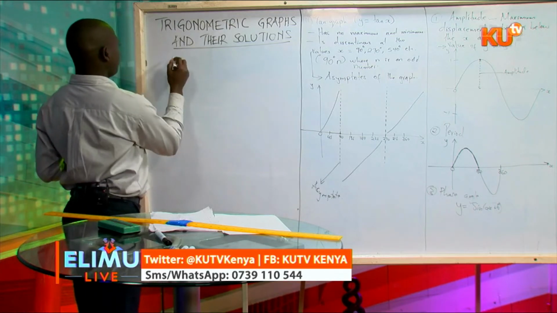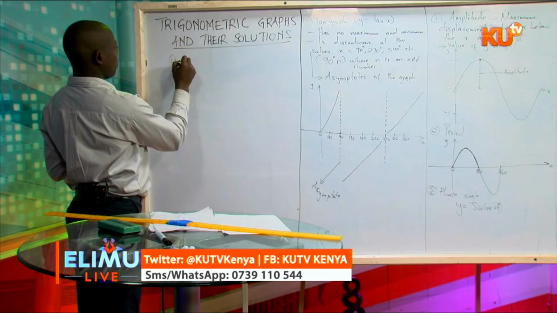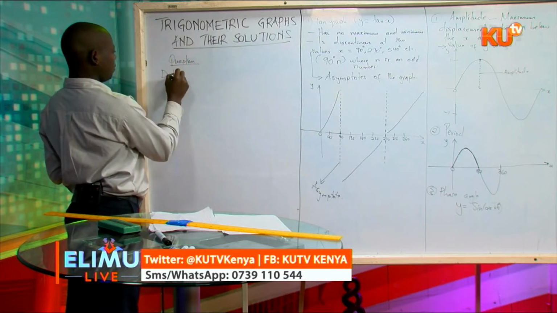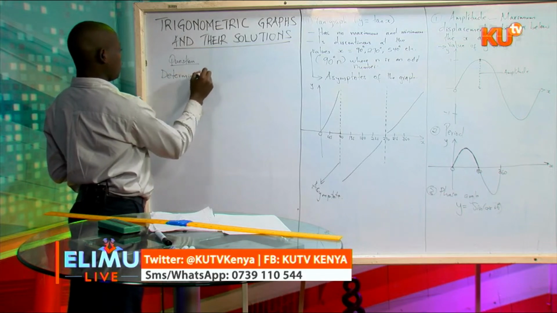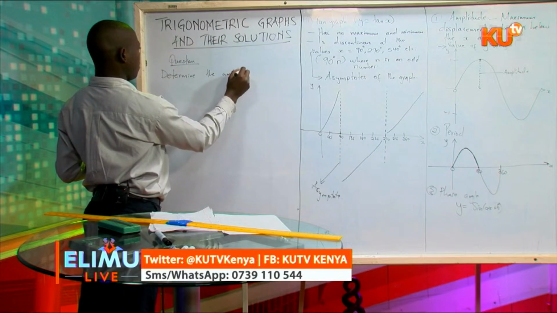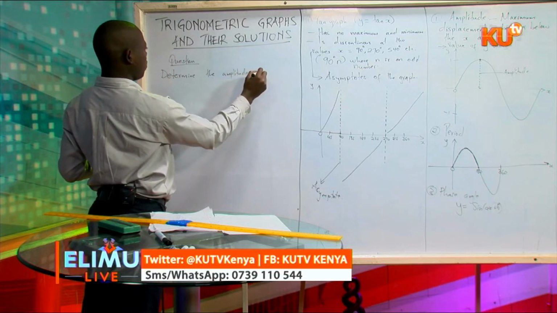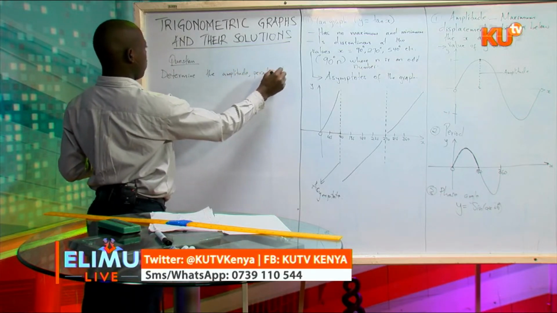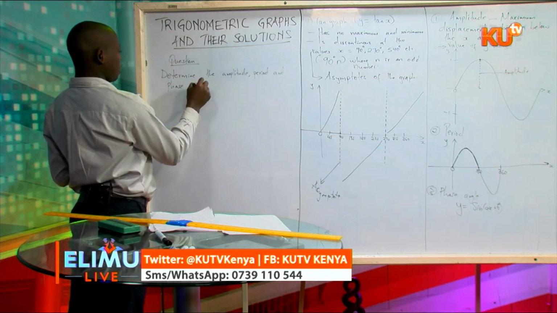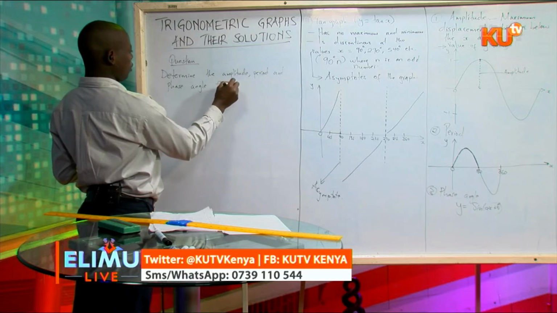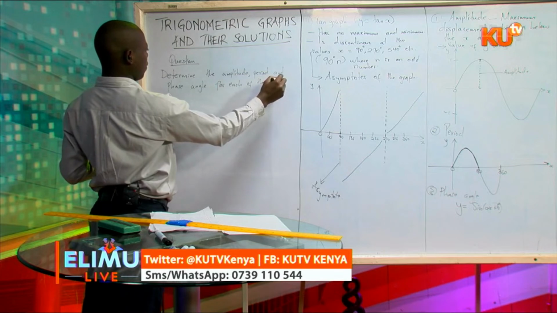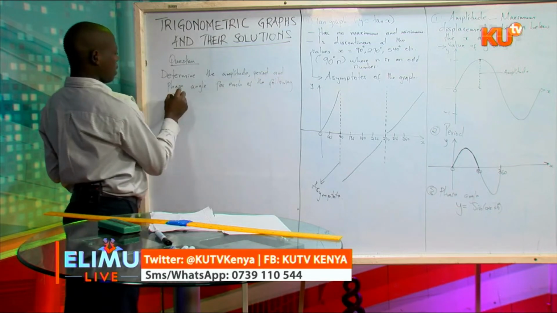Practically, if we have this case, you are told to determine the amplitude, period, and phase angle for each of the following graphs.